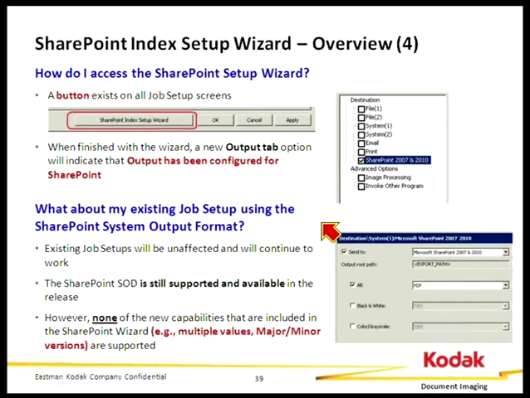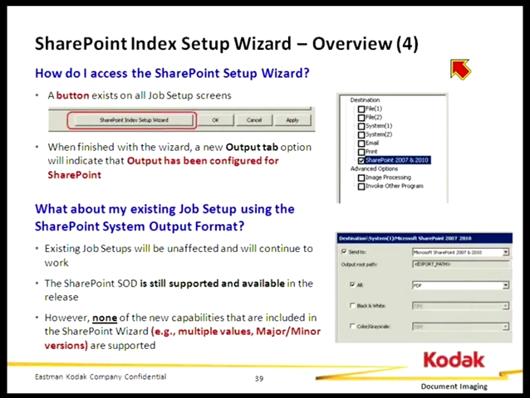It doesn't have the intelligence. It doesn't have the support of choice columns and better support for lookup columns and the major and minor versioning and things like that. If you're a new customer doing a new integration to SharePoint, you'd want to use the SharePoint Index Setup Wizard. But any existing integration will be fine.